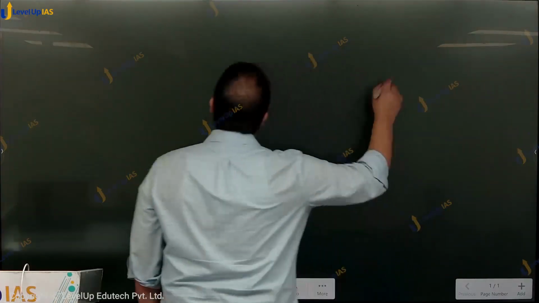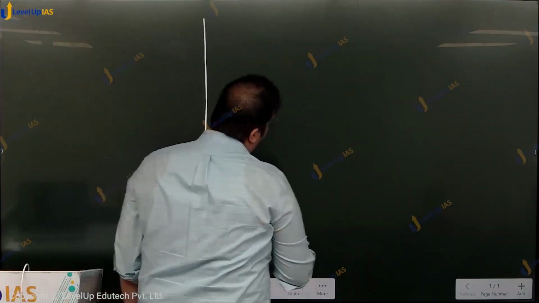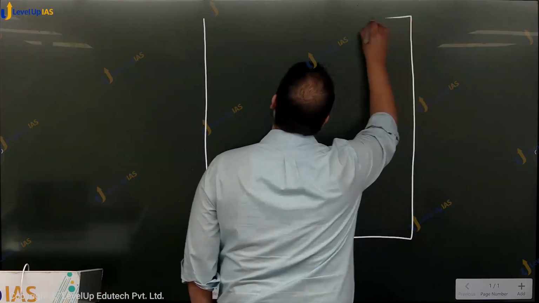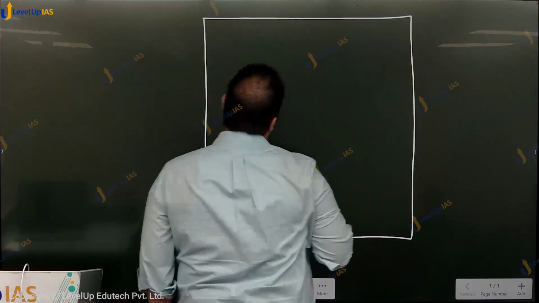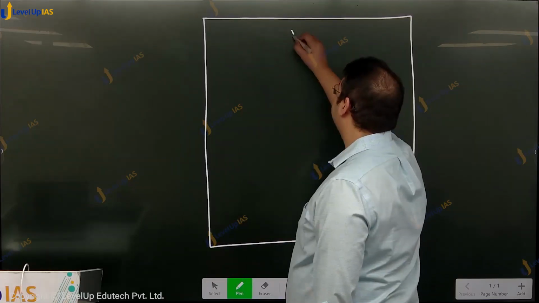Now, if you were to take a look at the map, it is easy to identify their distribution.